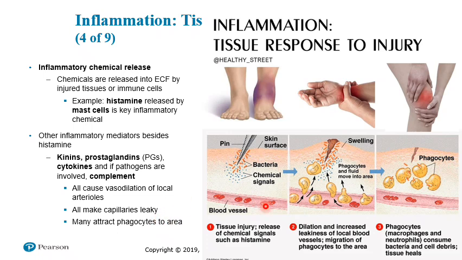They attract the phagocytes to the area, and eventually the phagocytes will phagocytize not only the bacteria but also the tissue debris. They're practically going to clean up the area.